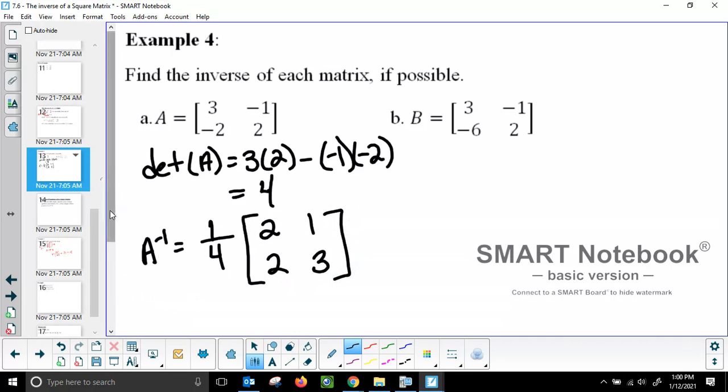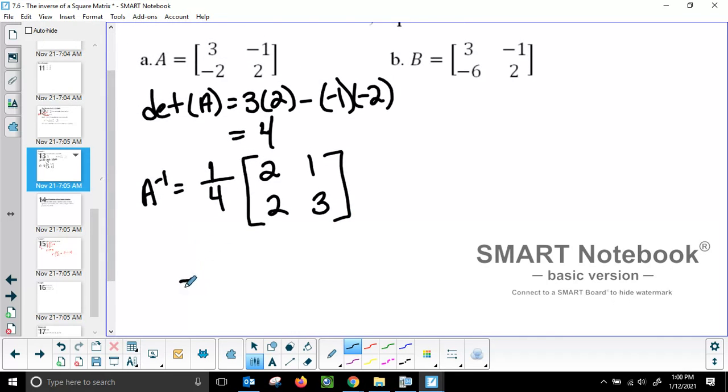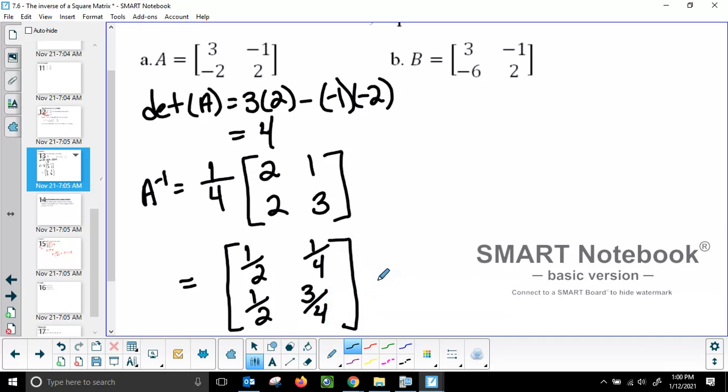Remember this is just scalar multiplication, so I multiply every piece in here by 1/4. 1/4 times 2 is 1/2. 1/4 times 1 is 1/4. 1/4 times 2 is 1/2 again. And 1/4 times 3 is 3/4. So there is my inverse matrix.